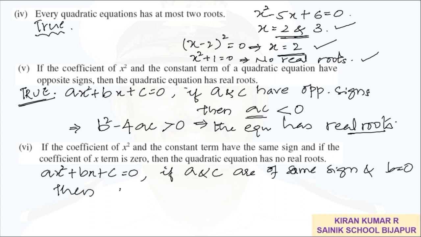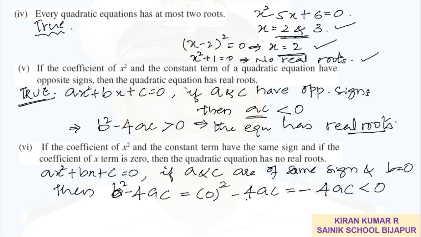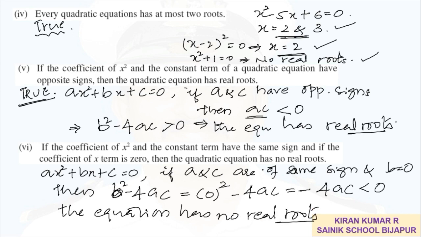Then what is the discriminant value, b square minus 4ac? This will become 0 square minus 4 times ac, which will be negative 4ac, which is less than 0. When it is less than 0, the equation has no real roots. In the given statement also they have mentioned that it has no real roots. So this is also a true statement.